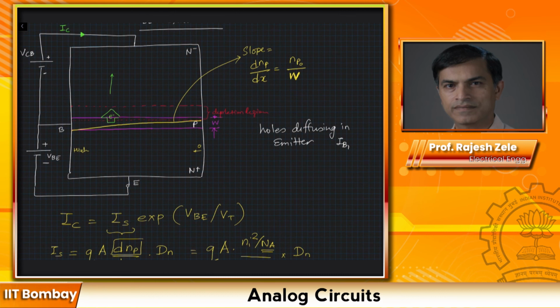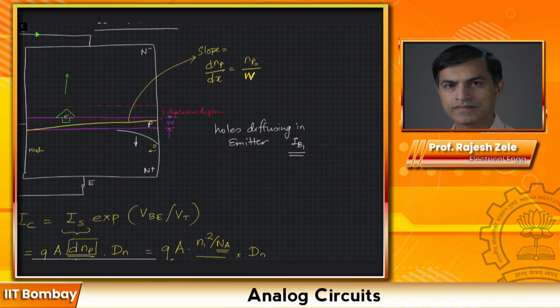That's the base current. So just like our electron profile, you will have a carrier profile here in the emitter region, although it will be small because this is N plus. As a result of diffusion, you will have base current IB1, and that is proportional to exponential VBE by VT.